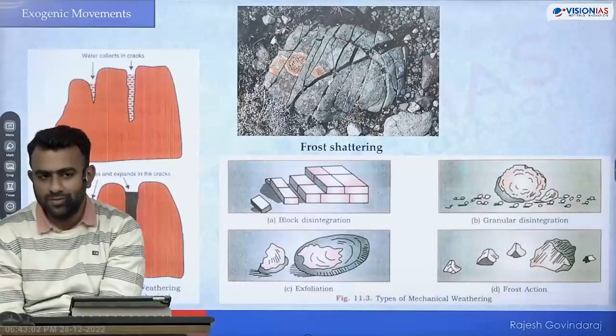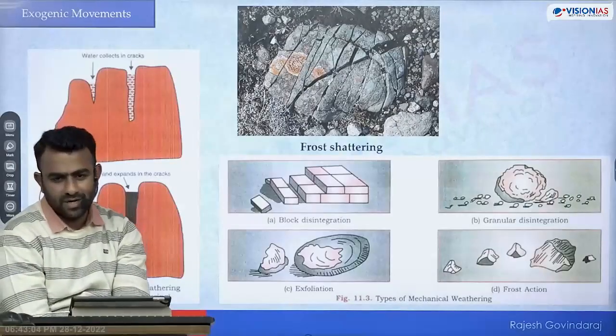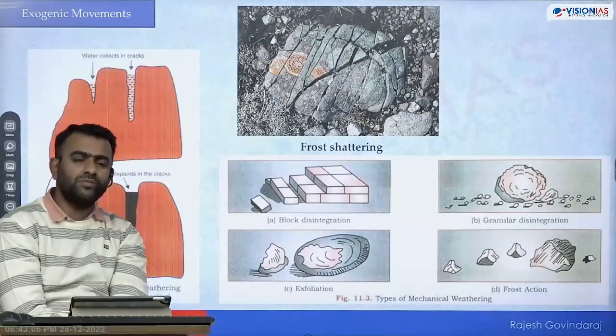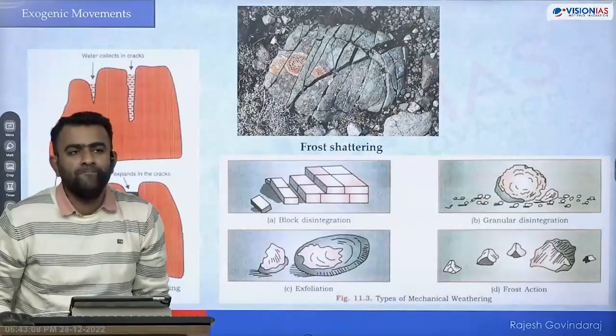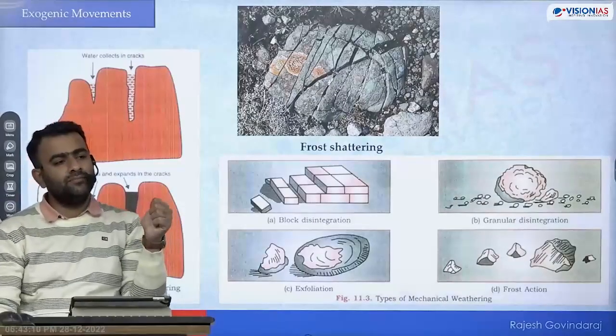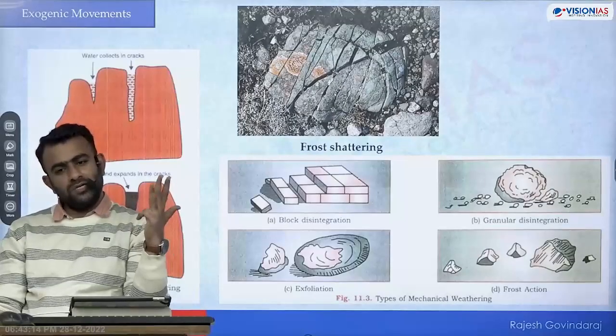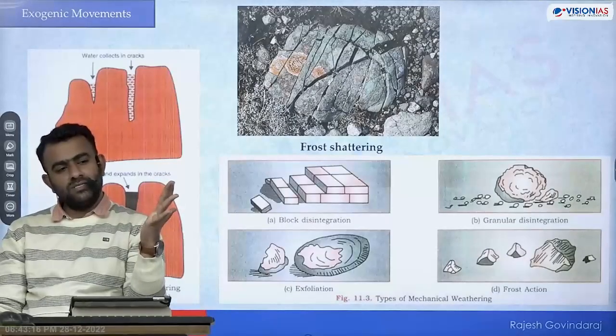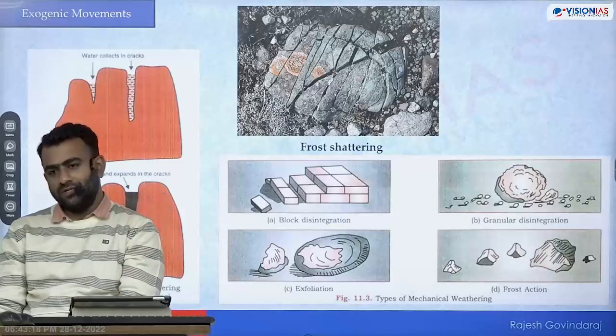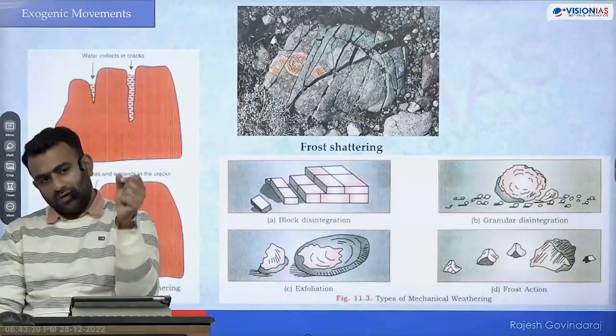These are the different types of physical weathering. Actual types कौन कौन सा है बताइए? Frost shattering, freeze thaw, haloclasty, exfoliation, pressure release, block and granular disintegration. Either you can write it in a linear order.